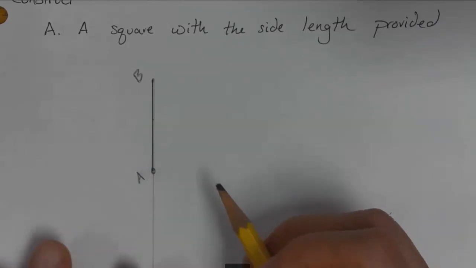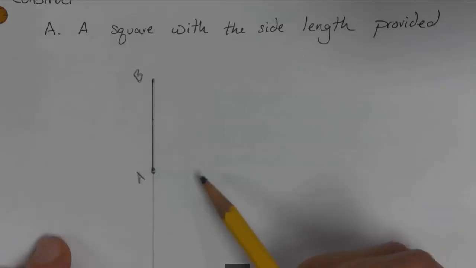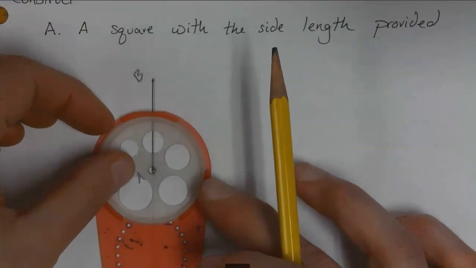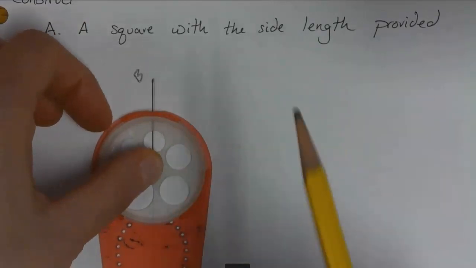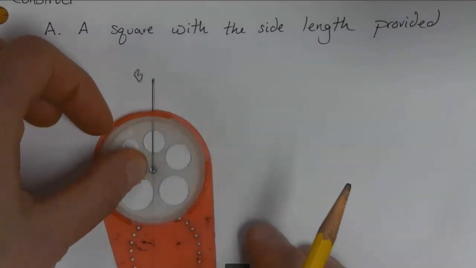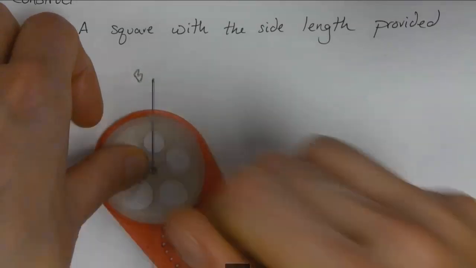So what I'm going to do next is find the perpendicular line that hits at A. Remember that we did this by taking our compasses, placing them on the point where we wanted that 90 degrees, and picking a random setting on our compass.